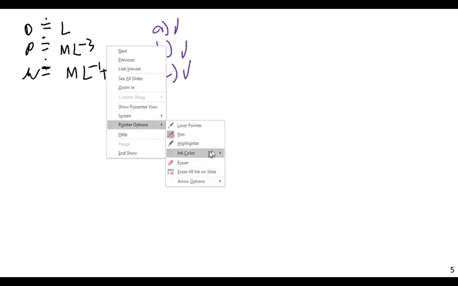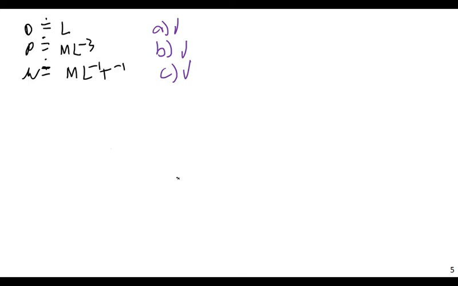Let me give you an example that would not work. What if I had a system, now what if I looked at, say, a stress here, and I had maybe a slightly different problem where I had stress, sigma, and if you work through it, you find that the units for stress are M T to the negative 2, something like that.